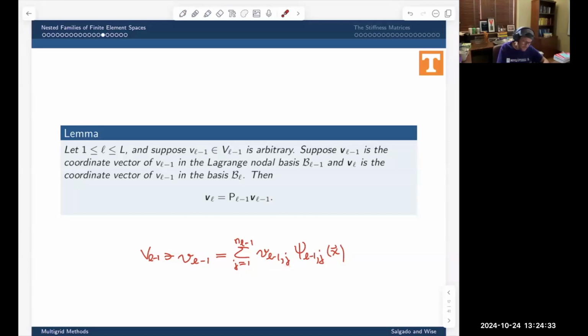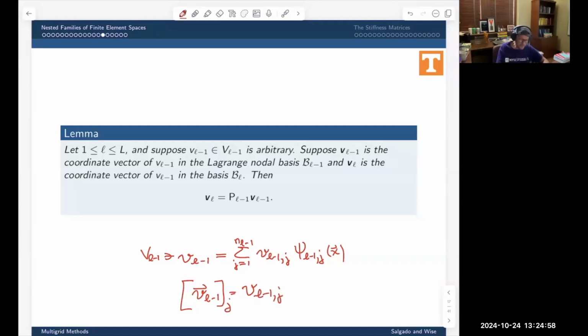So this object here, boldface v_{L-1}, is going to be a vector that has the following entries. I guess the easy way to write it is this way. The entries of this vector are just going to be v_{L-1,j}, the jth entry.